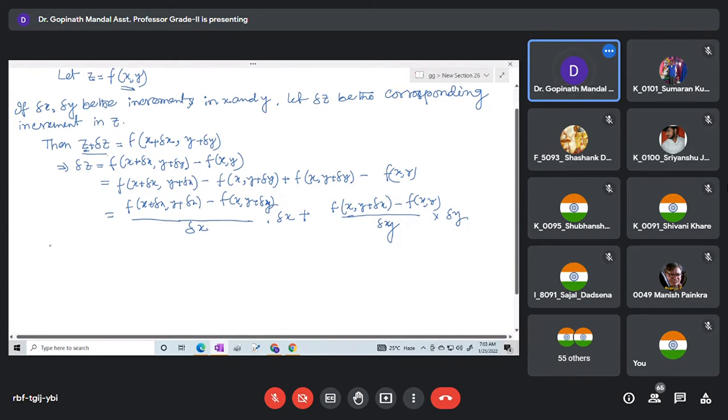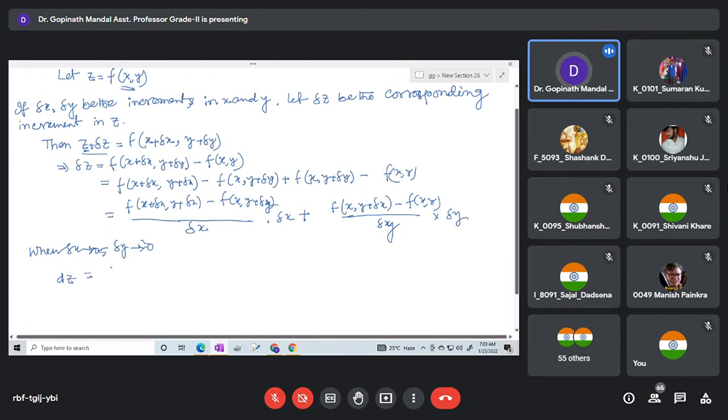So now taking delta x tends to 0 and delta y tends to 0, then delta z will be dz by definition.